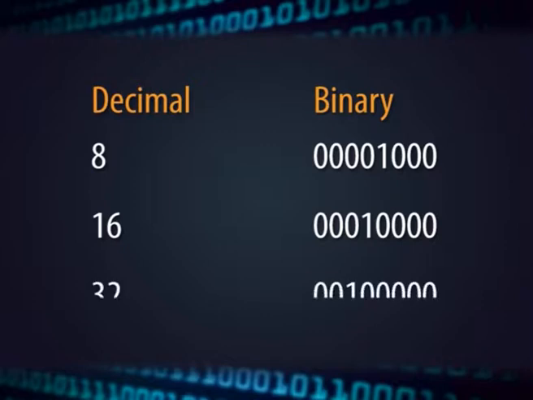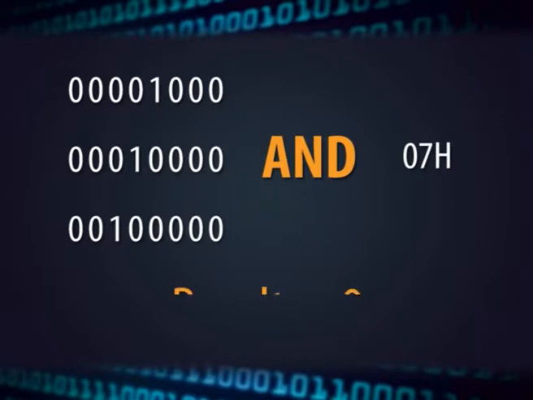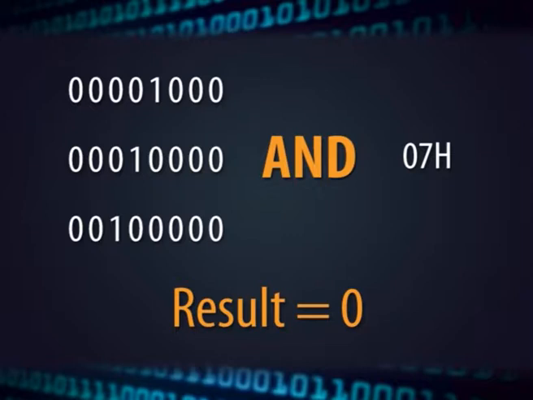The number 32 is expressed in binary as 100 followed by 000. If the given number is ANDed with 07 hex and the result of the operation is 0, then we can conclude that the number is divisible by 8 as its last 3 least significant bits are 0.